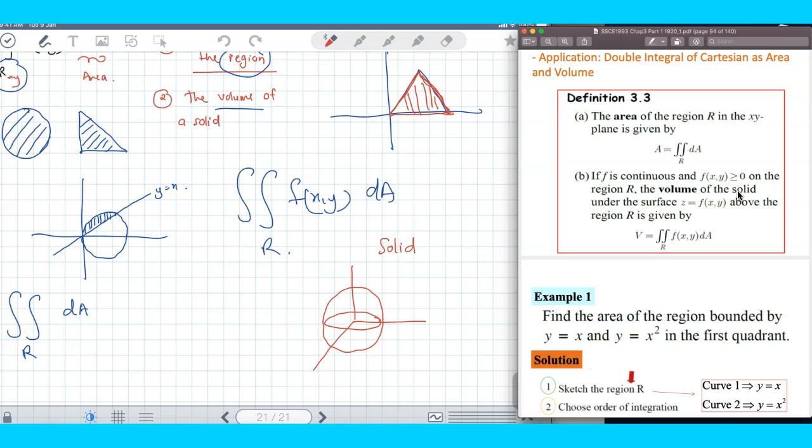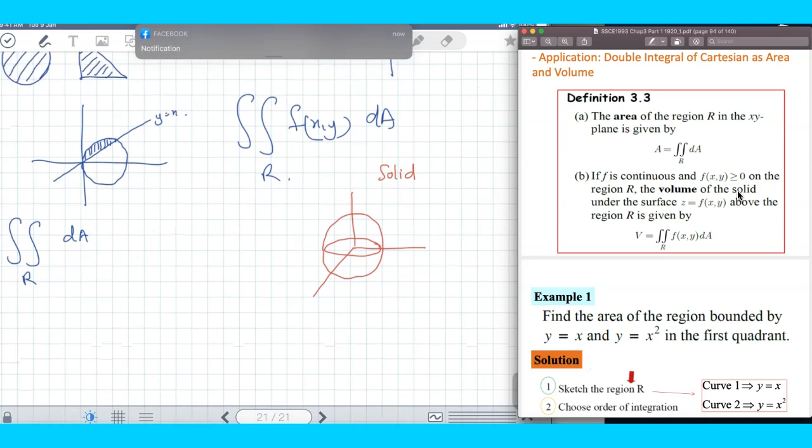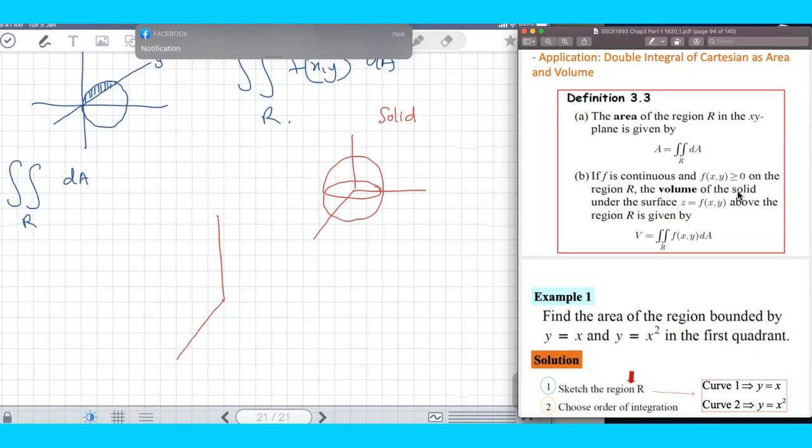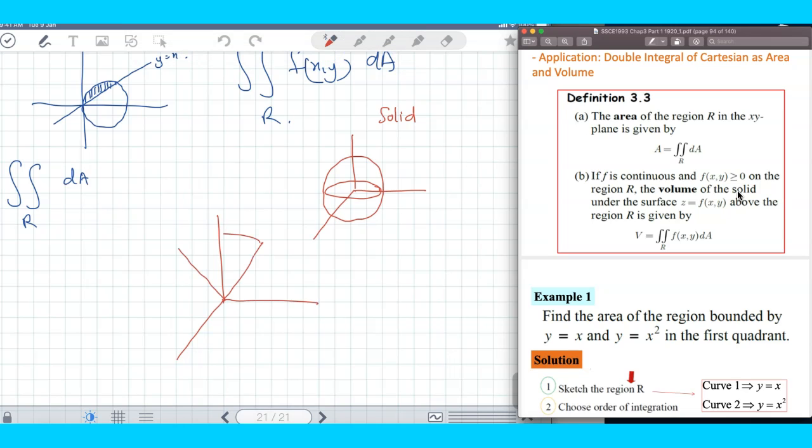A cuboid, a closed and bounded cuboid or box. Maybe an ellipsoid, a cone. It depends on the information that we have. If we just have this function, we consider it an open surface because it is open over here, so no specific solid.